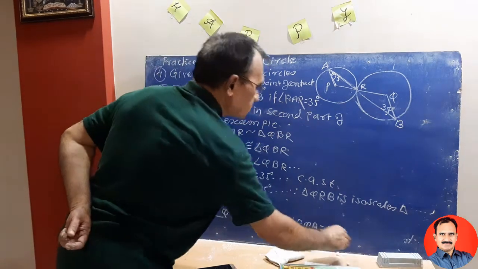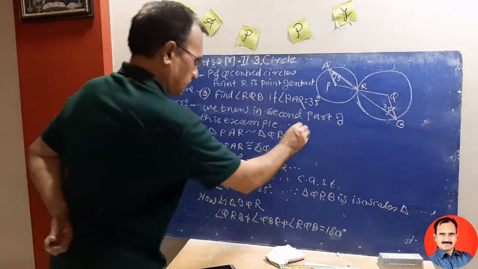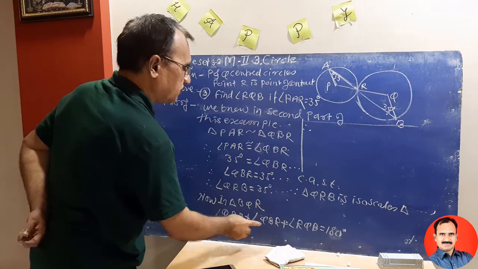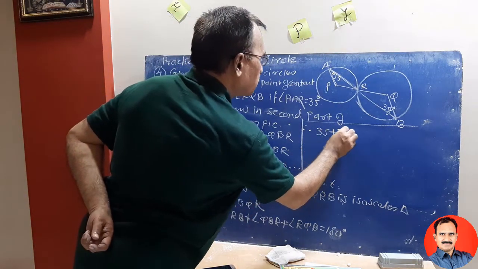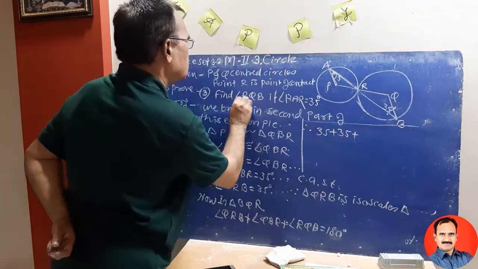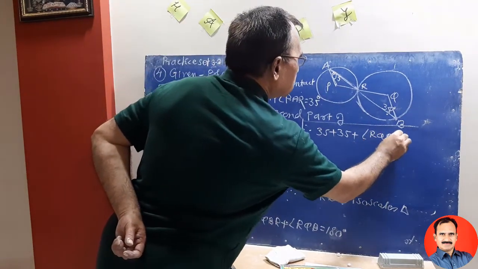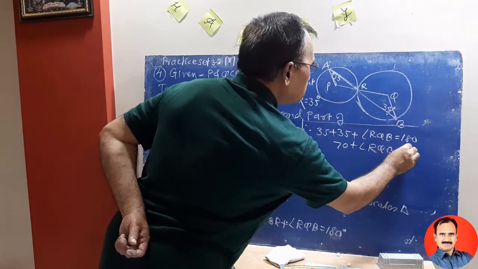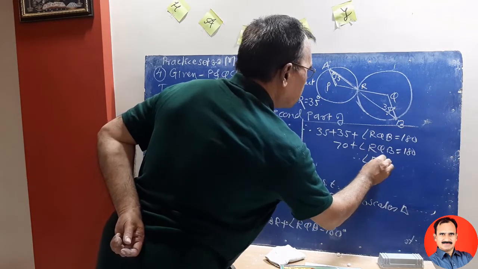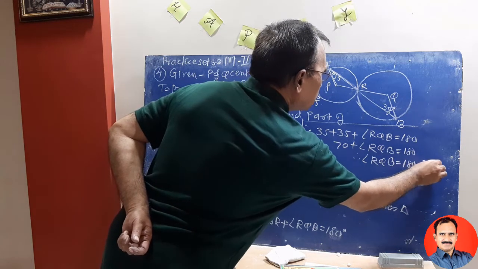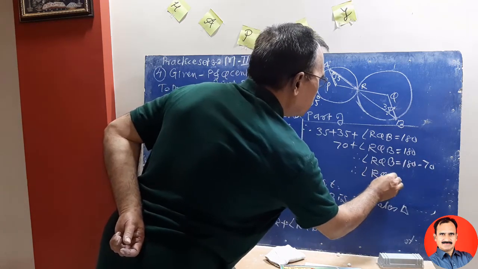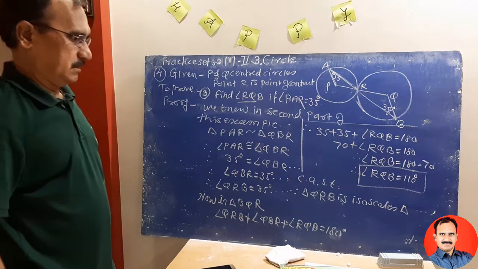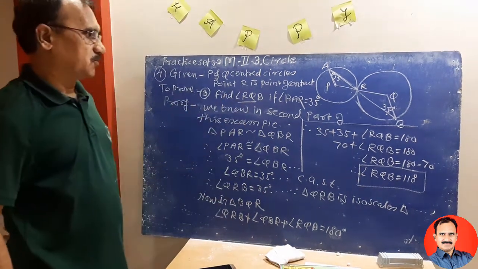Property of any triangle: the sum of three angles of any triangle is 180, and therefore these two angles are 35 plus 35 plus angle RQB is equal to 180. 70 plus angle RQB is equal to 180, and therefore angle RQB is equal to 180 minus 70, and therefore angle RQB is equal to 110 degrees. This is the required answer from this third part of the example.